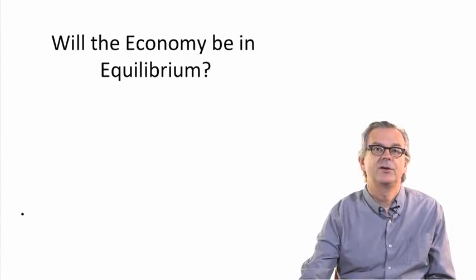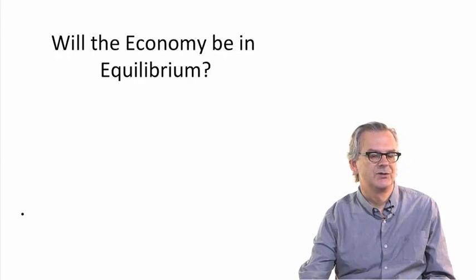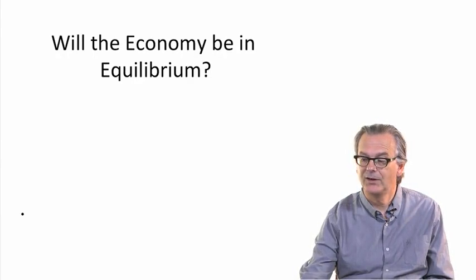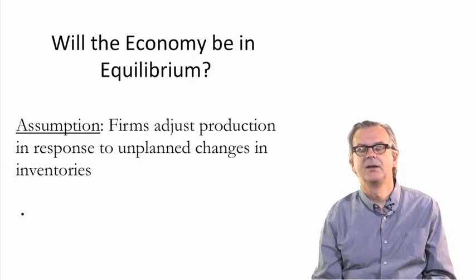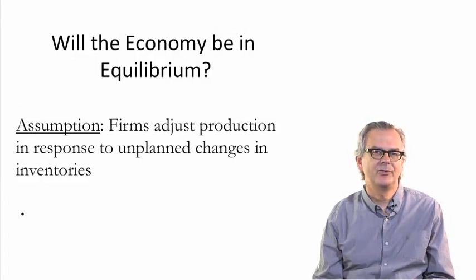Will the economy, in other words, be in equilibrium? To answer that question, we need to add one more assumption to the model. It's a very important assumption. It's actually quite central to the Keynesian model. It's an assumption about one of the things that might motivate firms' production decisions.